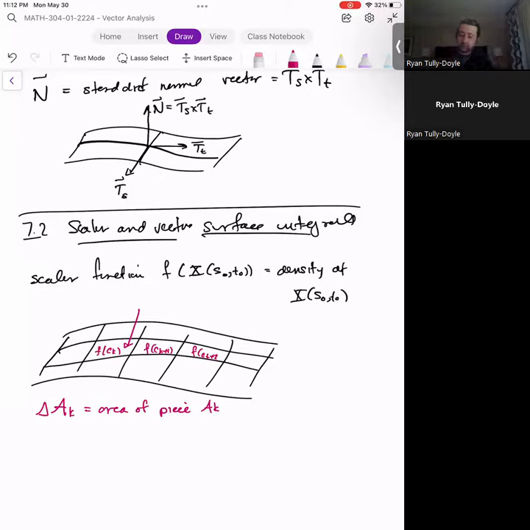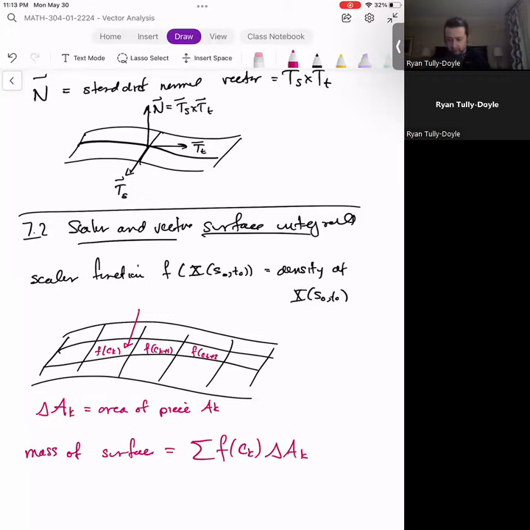So the total mass of the surface should be equal to the sum of the value that f assigns to each point in one of those rectangles times the area of that rectangle.